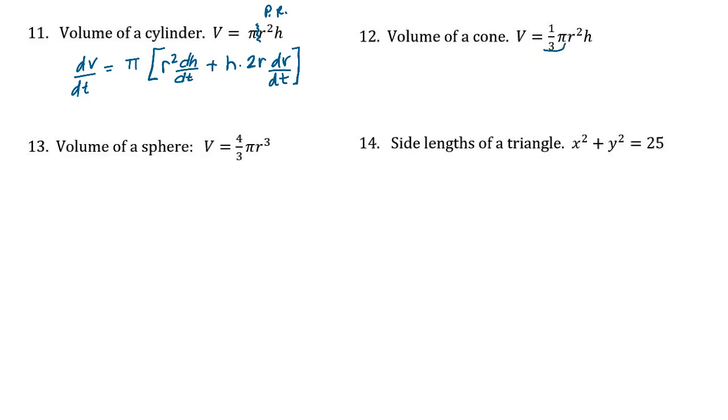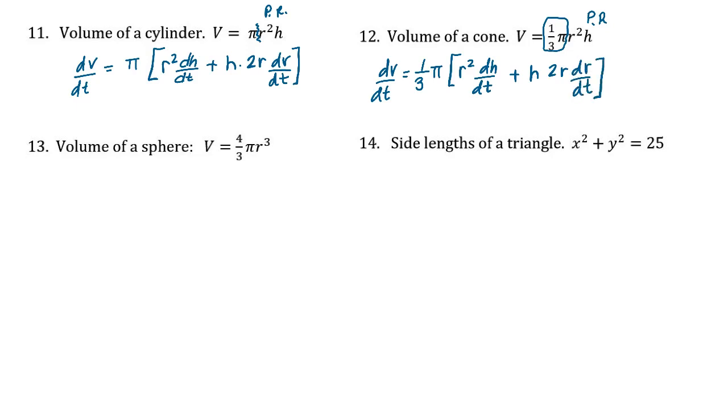And again, 1/3 pi, that is all a coefficient. So we're going to have dV/dt equals, and we have 1/3 pi times, and then we have our product rule again. So we have our first times the derivative of the second, plus second times the derivative of the first, and again we are leaving this.